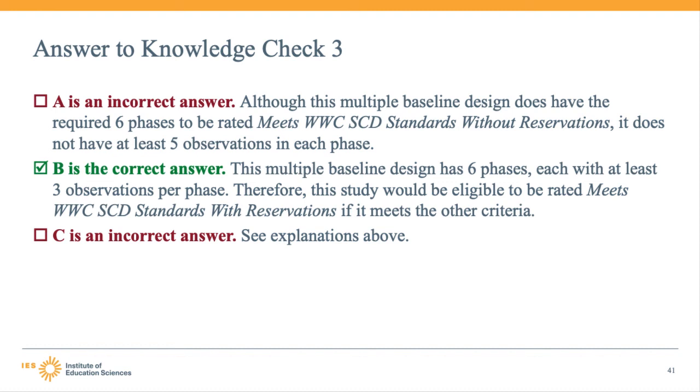Further, the study passes the 4 additional multiple baseline or multiple probe criteria such that data are collected in each baseline phase prior to the intervention, data presentation permits vertical comparison, data are collected in the intervention phase for each case immediately upon receipt of the intervention, and baseline data collection continues at or after the time when a preceding case first receives an intervention probe. Thus, the highest possible rating this study could receive is meets WWC SCD standards with reservations.